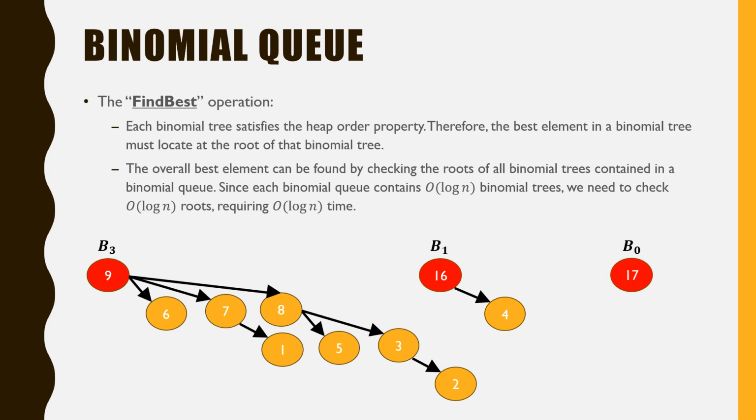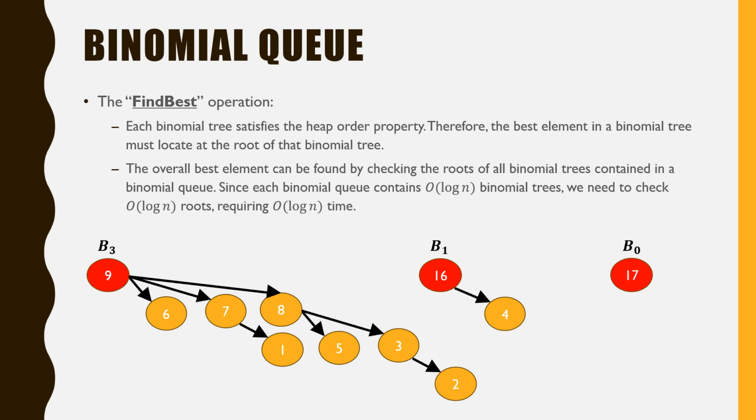Therefore, the best element in the entire dataset must be found at one of the binomial tree roots. Note that the roots of the binomial trees are not sorted by their values, and their orders are arbitrary. For example, as shown in the slide, each root is a potential candidate for the best element. To find the best element, we need to examine all roots.